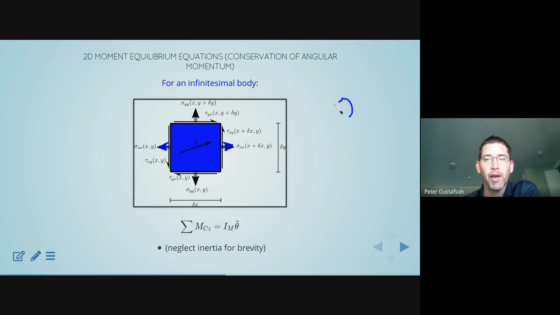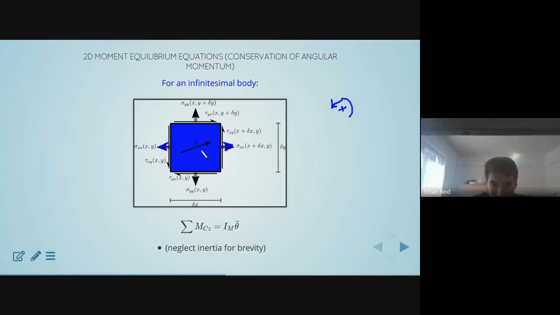Let me actually draw that on here so everybody has that in their notes. So that's positive. About the center, tau xy contributes a positive moment. Now somebody give me tau yx. Very similar.